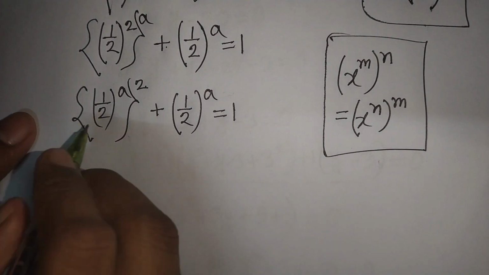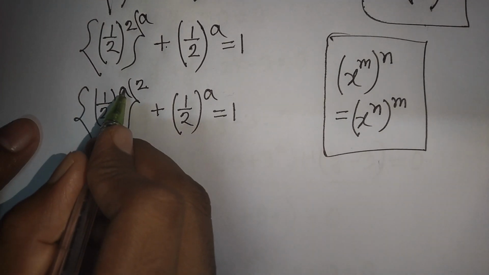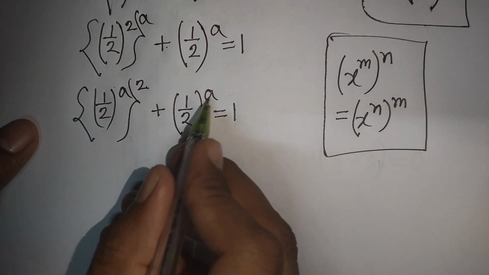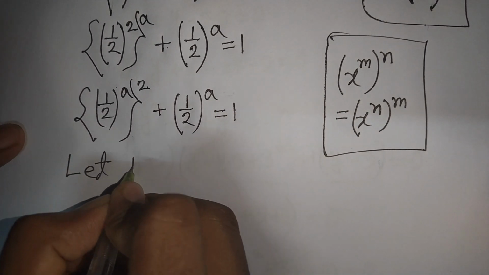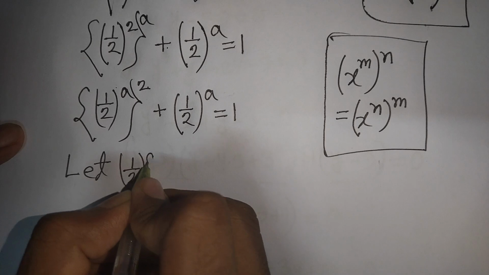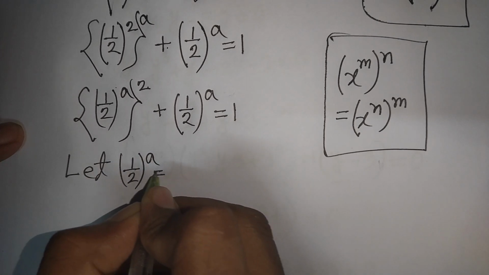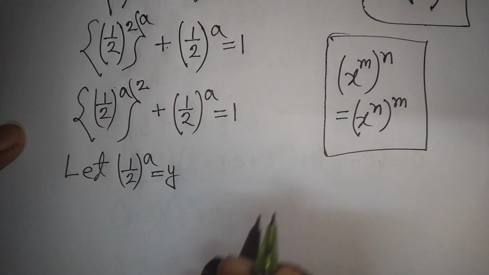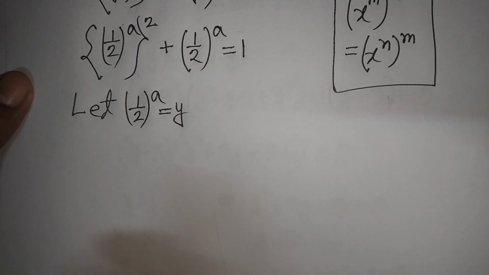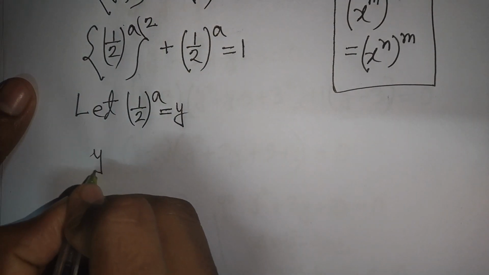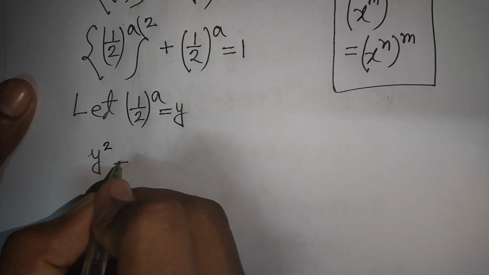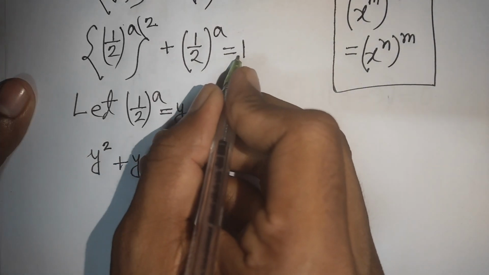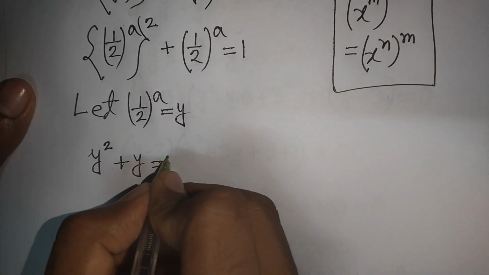Now we see (1 by 2)^a and (1 by 2)^a, both terms are the same. So let (1 by 2)^a be substituted by y. So our equation will be y square plus y is equal to 1.